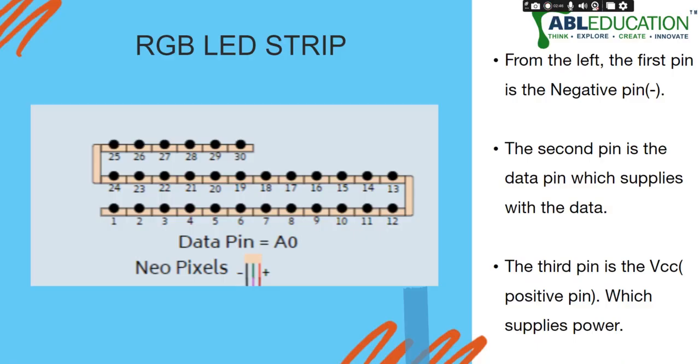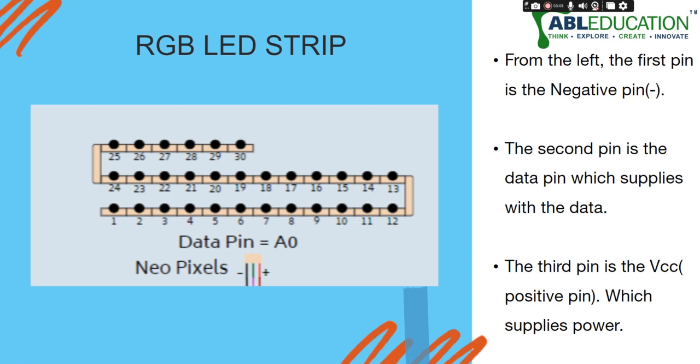Now this is the RGB LED strip, and this is what it looks like, and we are using the NeoPixels RGB LED strip. So the data pin that we are using is A0. You can use any one from A0 to A5, and this has 30 LEDs, and it is totally up to you how many LEDs you want to glow, and which color each LED should be glowing with.